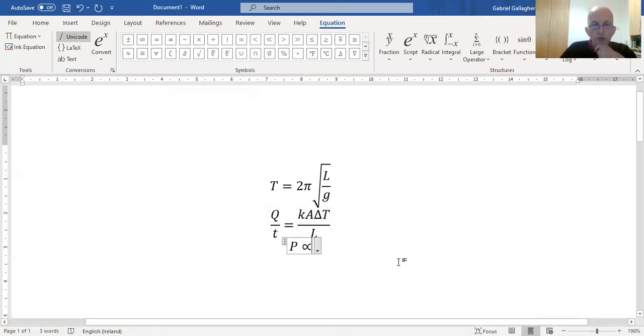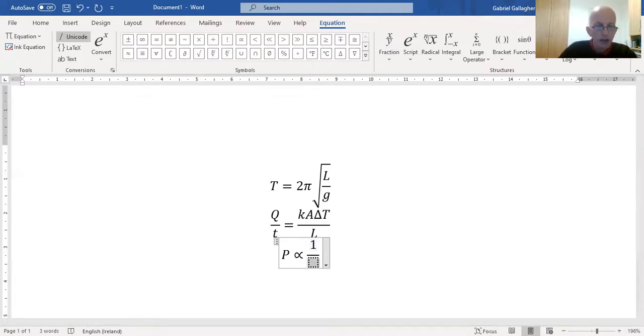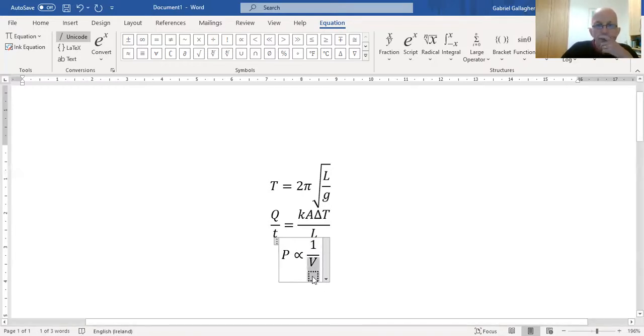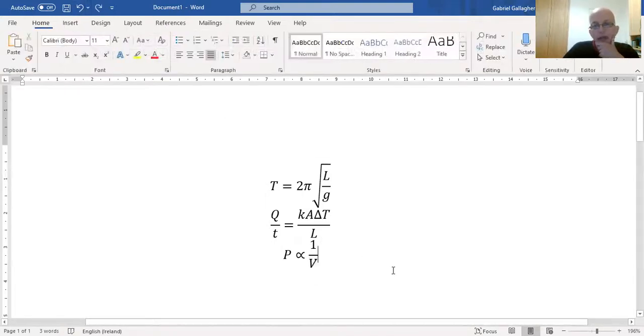So P is proportional to 1 over V. 1 over V obviously is a fraction. So I select the fraction shape and I click into the box and put 1 there, go down arrow and that highlights, and go Shift V and then hit enter. Again, I did the wrong thing, so I undo and I'm good. And that's P is proportional to 1 over V.